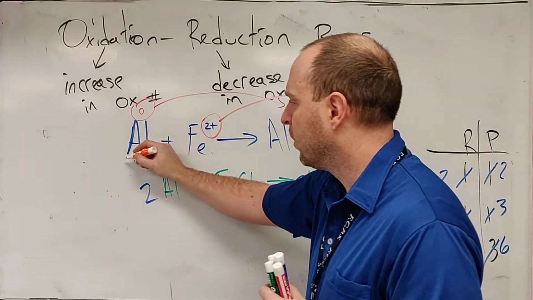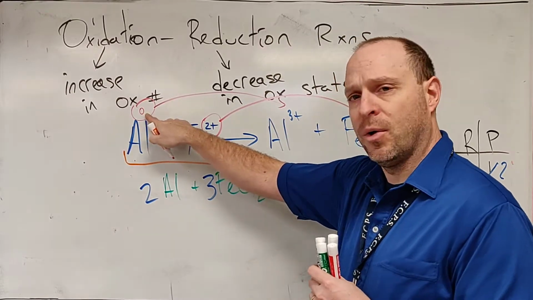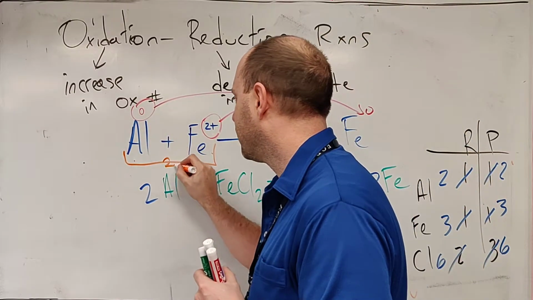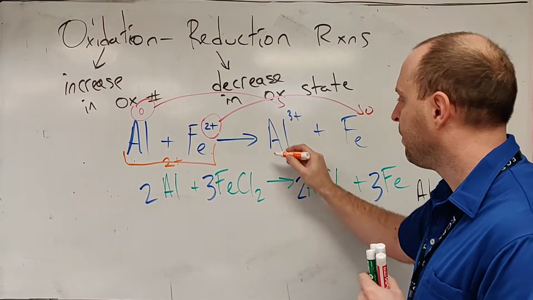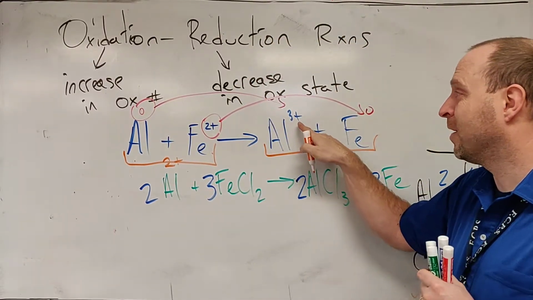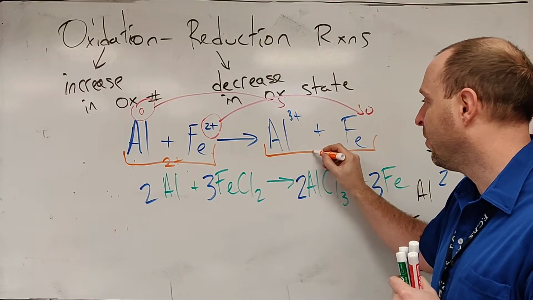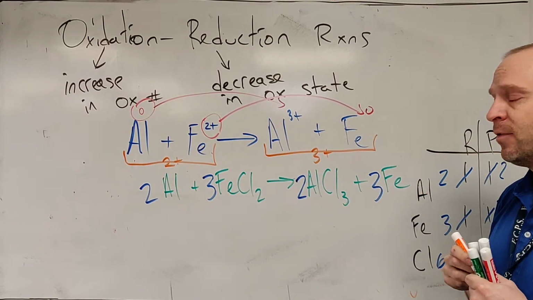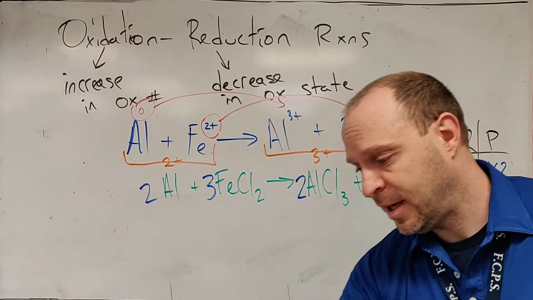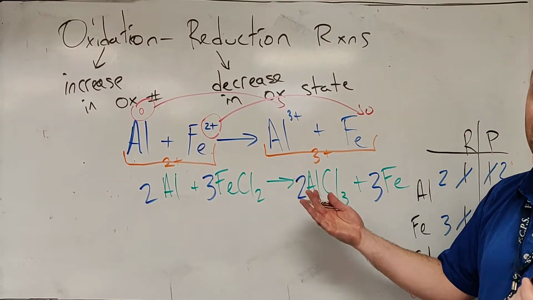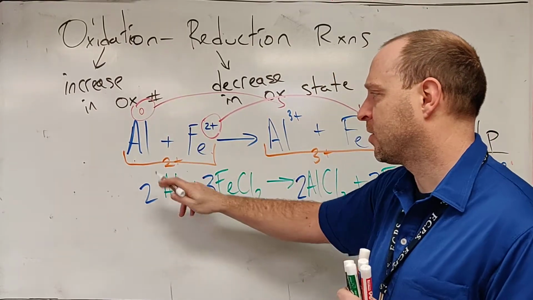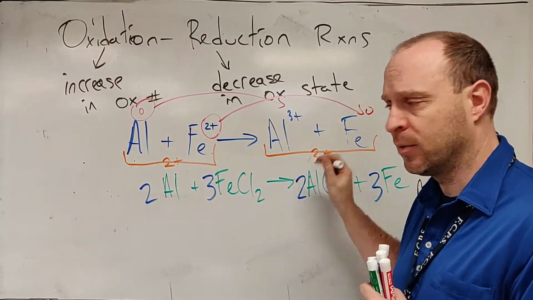So a quick note here, if we look at this side, 0 is our charge and 2 plus is our charge, right? So this side happens to have a 2 plus charge. On this side, we have a 3 plus charge and a 0. We end up with a 3 plus. And we see this relationship of a 6. A quick sketch of how we deal with this for a simple reaction, ignoring the spectators, is we break it into half reactions, something being oxidized and something being reduced.